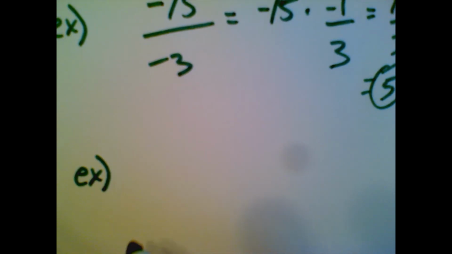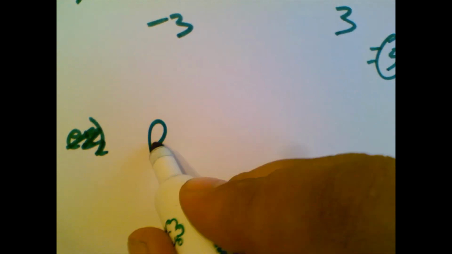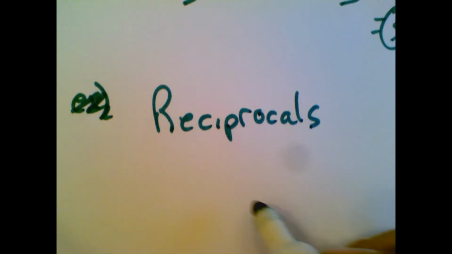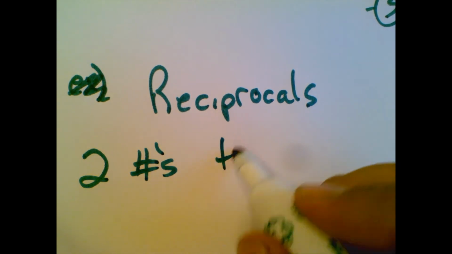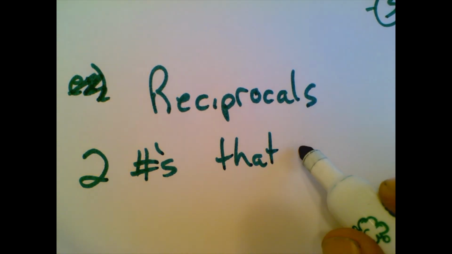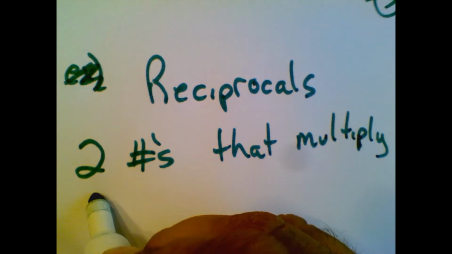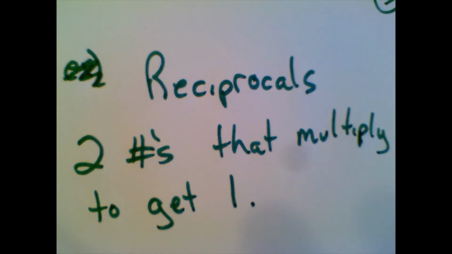I think that covers the basics. Let's just end with one more example. Well, one last thing. Let's talk about reciprocals. Okay, reciprocals are two numbers that multiply to get 1.